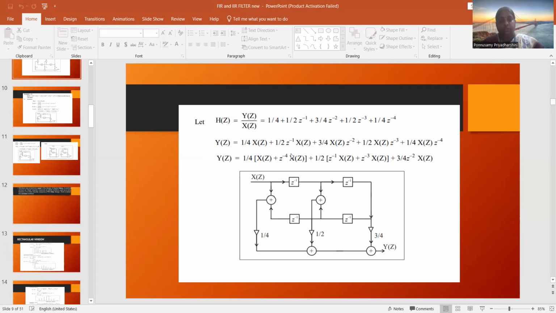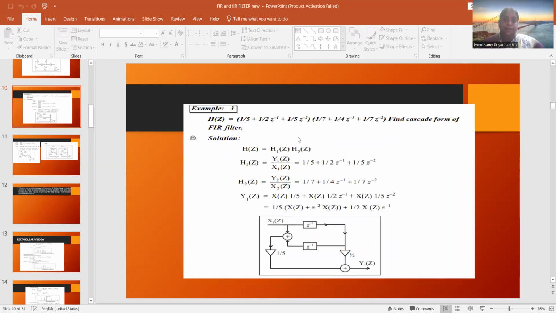These two terms are taken into the common adder, and then multiplied with 1 by 4. Similarly 1 by 2 is common to z inverse as well as z power minus 3, so both are taken together and added before the common multiplier. Like this they are reducing to a minimum number of multipliers.